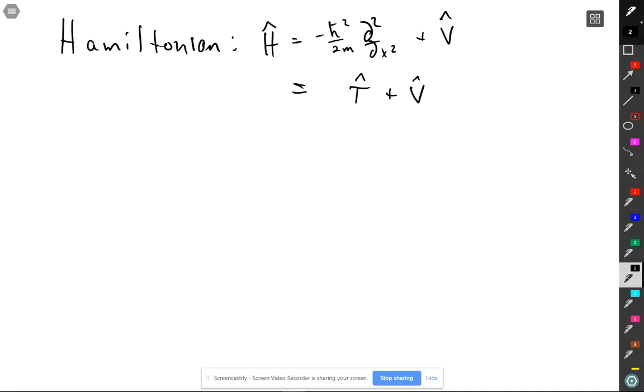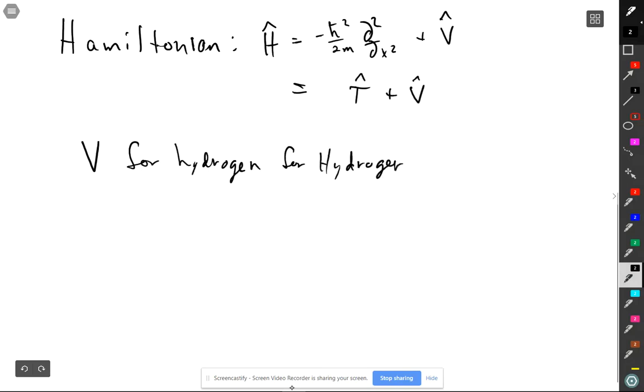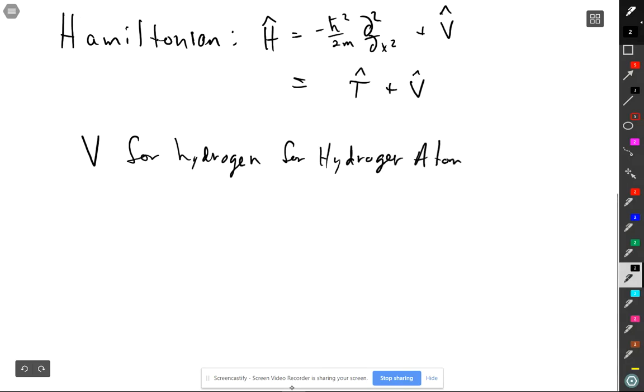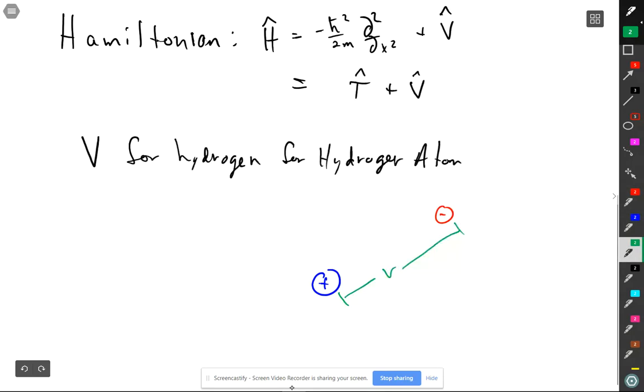What is the potential energy function for a hydrogen atom? So now I ask function, not operator. And I'm going to draw a picture here just to make sure we're all on the same page. And you guys know this picture obviously very well. That's basically the configuration for a hydrogen atom.